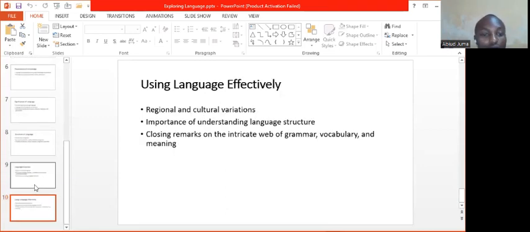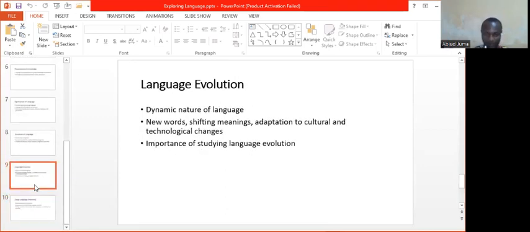And also, we are going to look at the importance of studying language evolution. Language evolution is the change of language from one period of time to the other. And through this time, we have been having shifting of meanings of words.